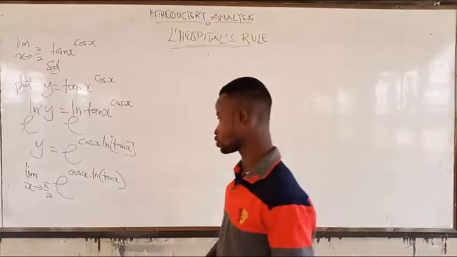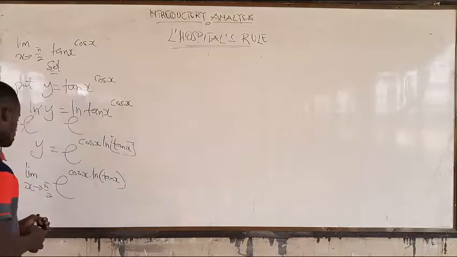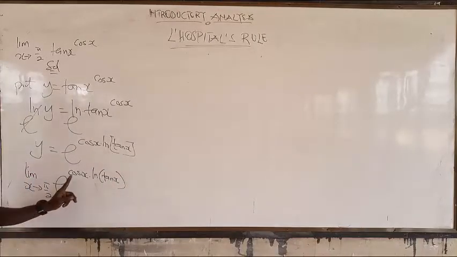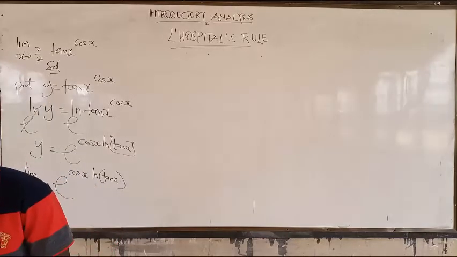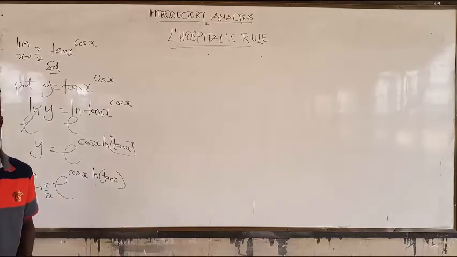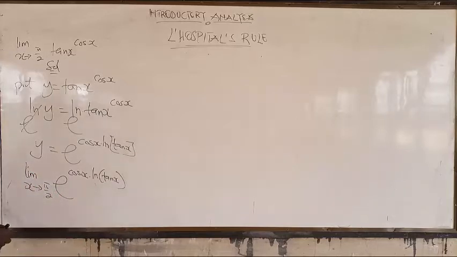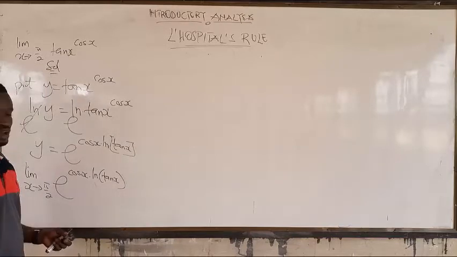Then we now move on to check. When you do the substitution here, you can see that cos pi on 2 is going to give us 0.